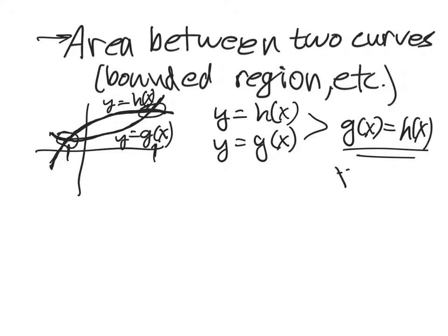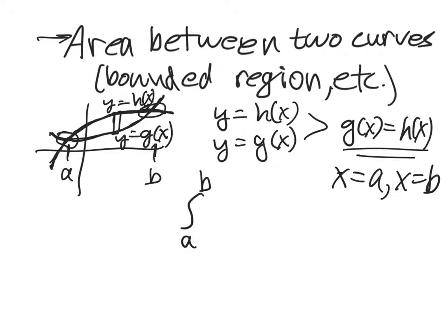So you'll find x equals some value a and x equals some value b. Well, that'll be what when we calculate the area? Your intervals. Okay. So the definite integral will go from a to b, and then we set up the integrand, the inside of the integral, as what? It'll be h of x minus g of x.